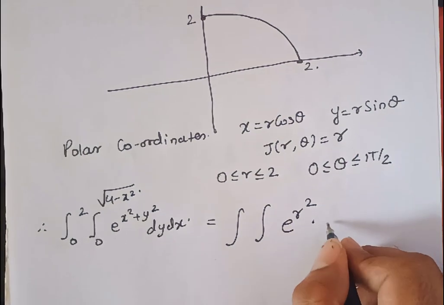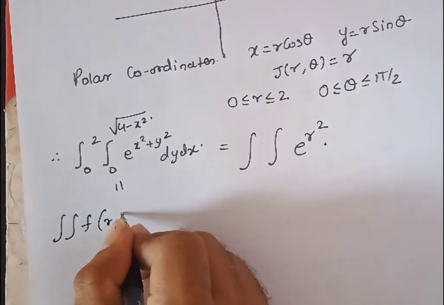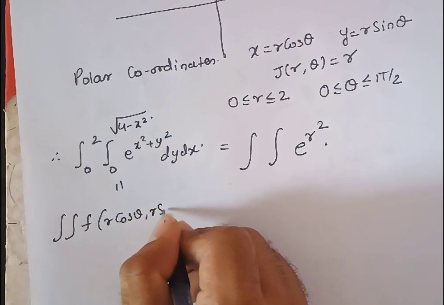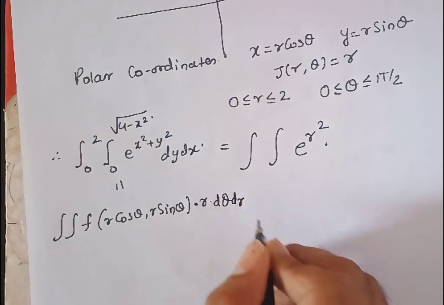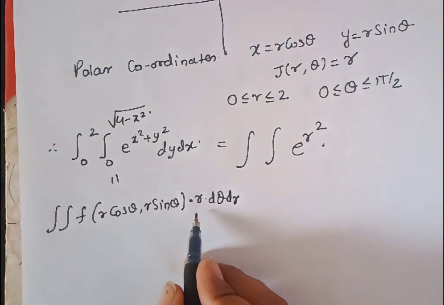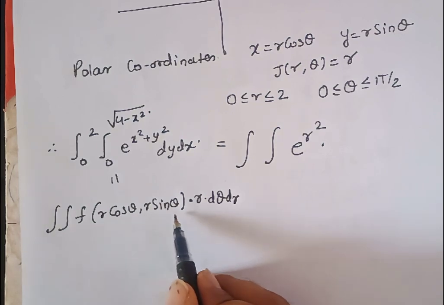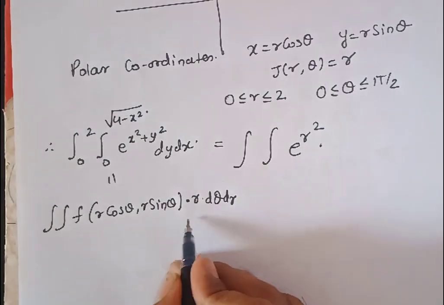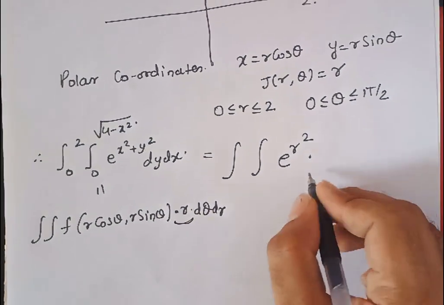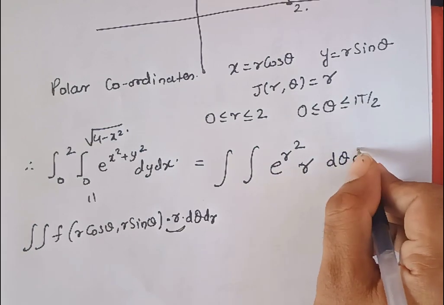And then we have to multiply, if you remember the formula, this is nothing but double integration f of r cos theta, r sin theta into r into d theta dr. That is the change of variable formula, right? Wherever there is an x, we write r cos theta, and wherever there is y, we write r sin theta. So it will become r square, and then we have to multiply by the Jacobian, that is r, and we can take either theta first or r first, our choice.